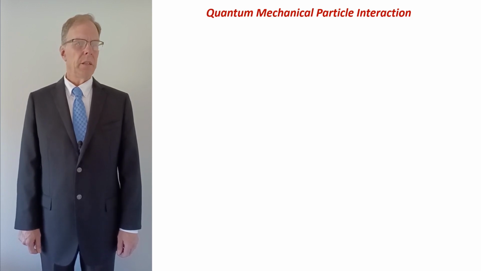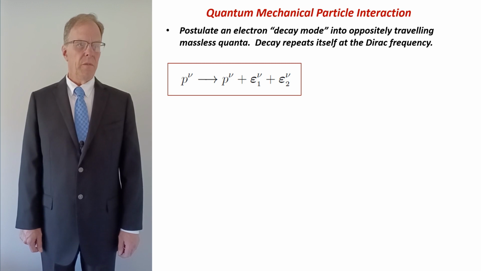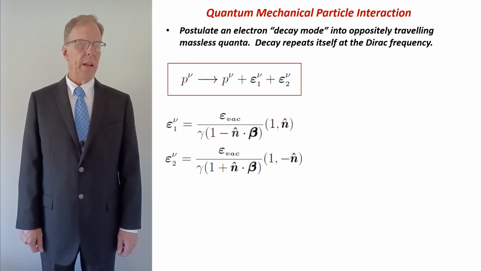Begin by postulating a fundamental vertex or decay mode associated with the simultaneous emission of 2 massless particles with 4 vectors we're calling epsilon sub 1 and epsilon sub 2. Our radiated energy flux is then determined by the high frequency repetition of this vertex. In each of these formulas for emitted quanta, the unit vector hat n is referenced to the instantaneous retarded position of the particle.